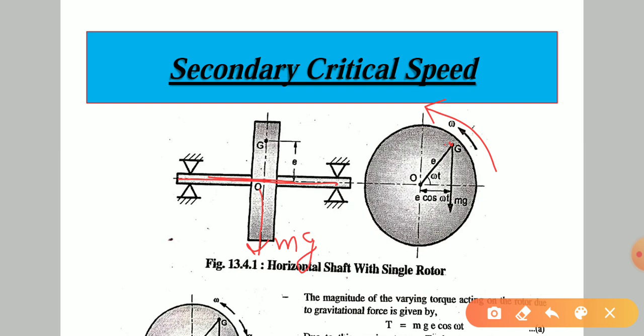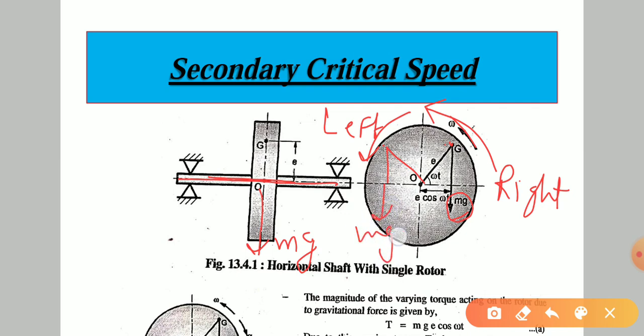When G is on the right side, the mg will retard the shaft, which means it will try to reduce the shaft motion. But when G is on the left side, it will accelerate. The mg will accelerate the shaft.